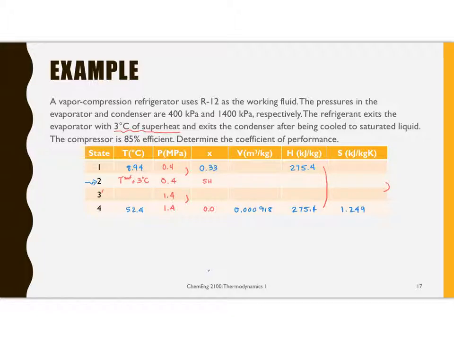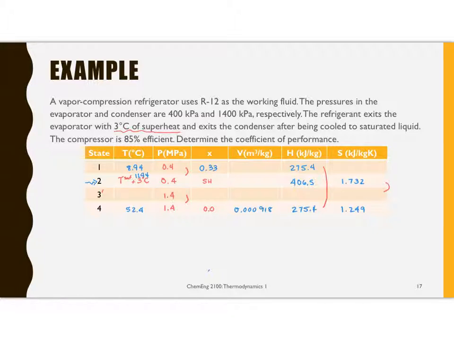But that also allows me to estimate the temperature of state 2. So add 3, so 11.94. At 11.94 and a pressure of 0.4, I can interpolate through the superheated tables and get 406.5 and an entropy of 1.732.